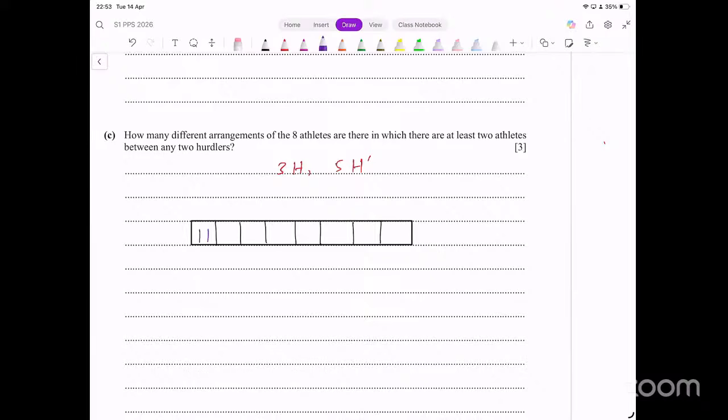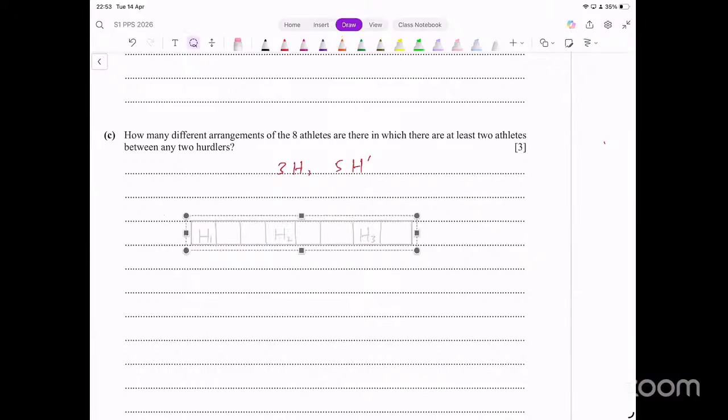We could have an H in the beginning. Let's consider this scenario. We could have an H here. Let's call this H1, H2, and we could have an H here. This way, we have at least 2 other athletes between every 2 hurdlers. This is one possible scenario.